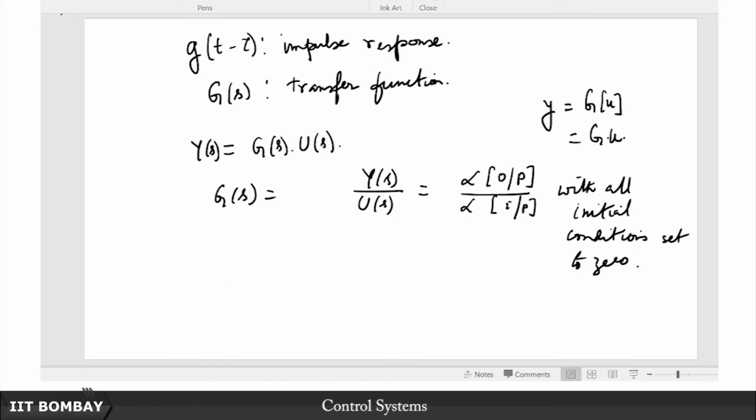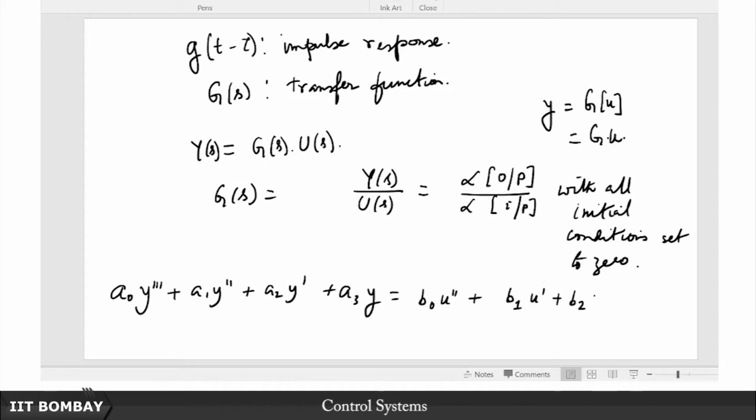Now, let us revisit the differential equation that we had seen a couple of lectures back. I believe it was a third degree differential equation. So it is a0 y triple dashed plus a1 y double dashed plus a2 y dashed plus a3 y is equal to b0 u double dashed plus b1 u dashed, or prime, plus b2 u.